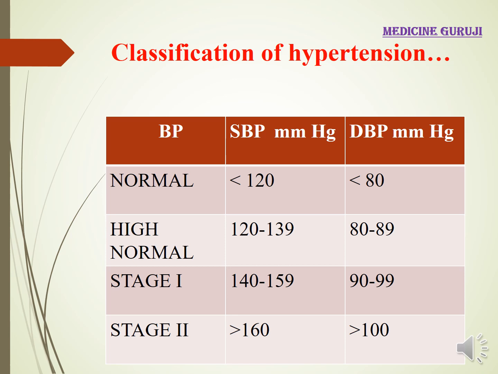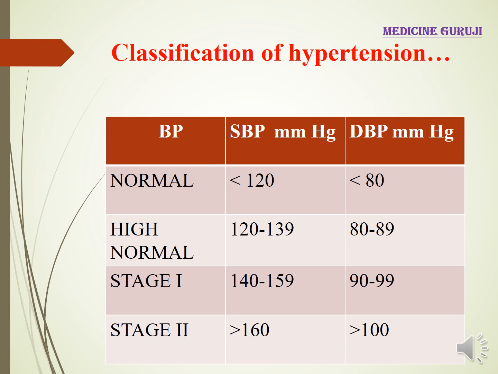How to classify hypertension? As you can see in the chart, normal blood pressure is less than 120 systolic and less than 80 diastolic. High normal range is 120 to 139 systolic, and diastolic 80 to 89.